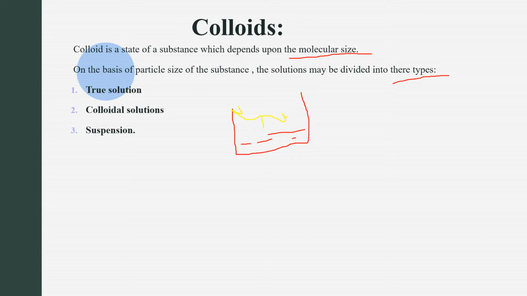Now on shaking, I will get a uniform solution of salt and water. It means if I shake this salt with water, I will get a uniform solution, a homogeneous mixture in which the particle size of solute is very small. Such type of solutions are known as true solution.